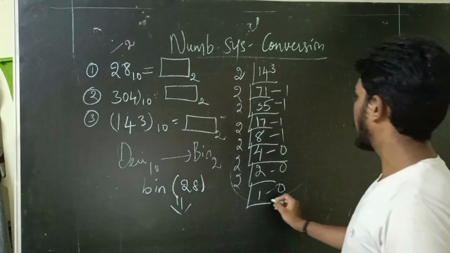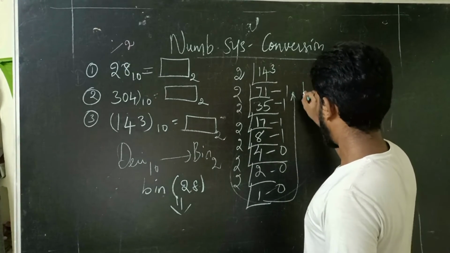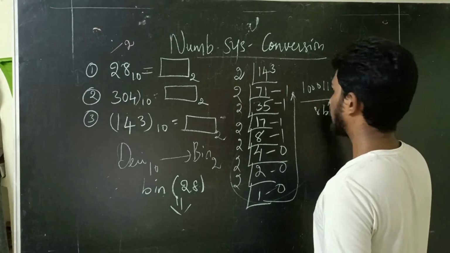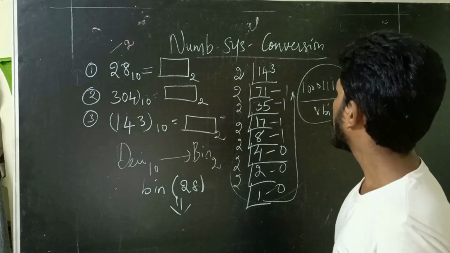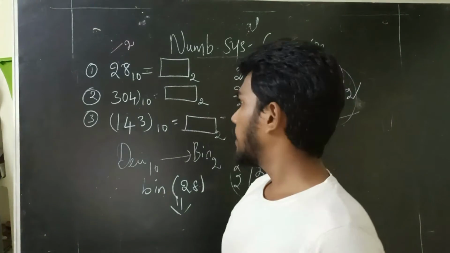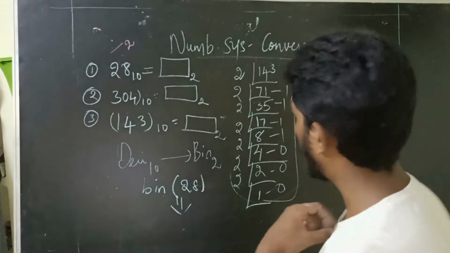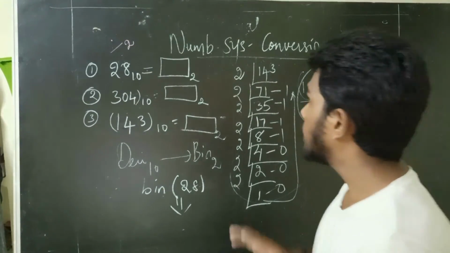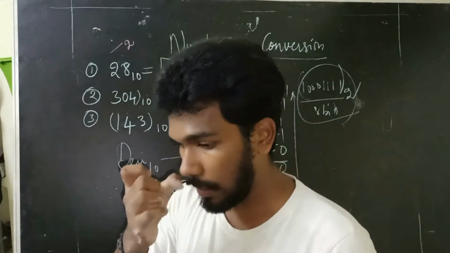Finally we club all of this together, and we get 8 bits, 10001111, base 2. This is the equivalent value of 143 base 10 in 8 bits.